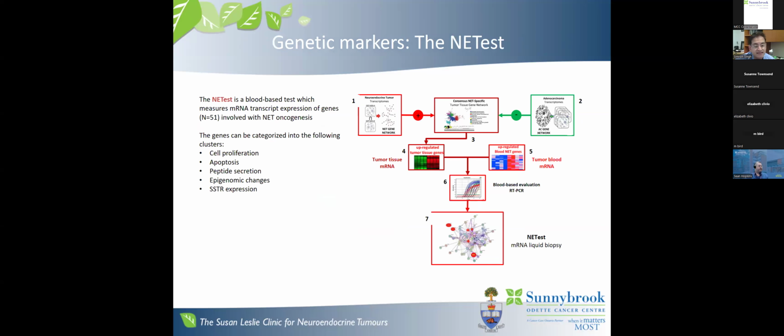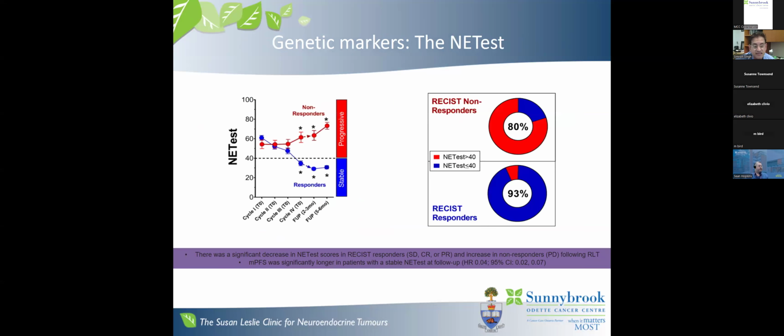The NET test is a blood-based test which measures mRNA transcript expression of genes. There's 51 of them. And this is being considered to be used to help us understand the prognosis a lot better. And as you can see here, the NET test seems to be able to help predict, with some degree of accuracy, the response that we're seeing between responders and non-responders.